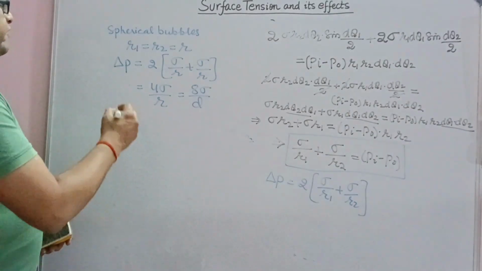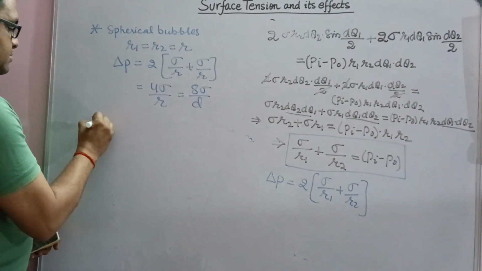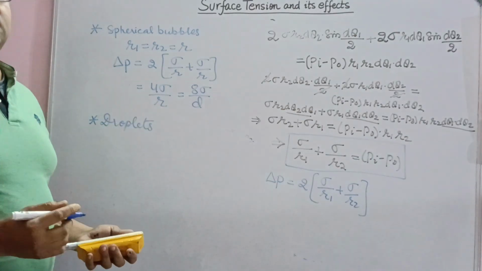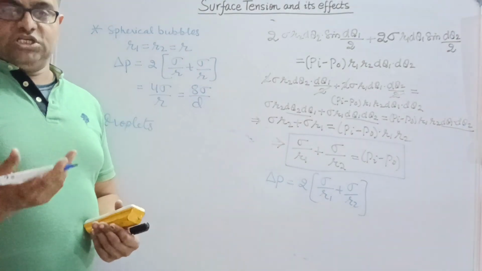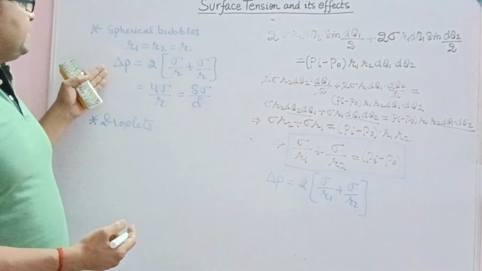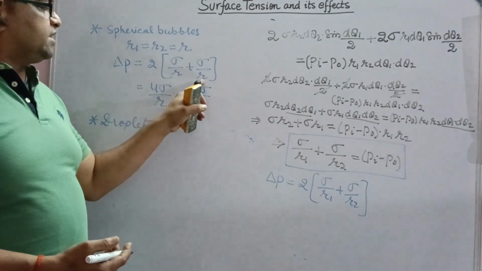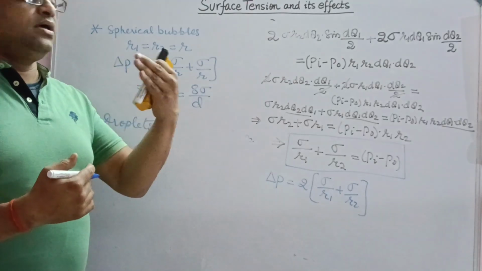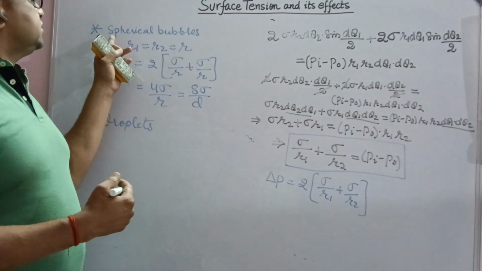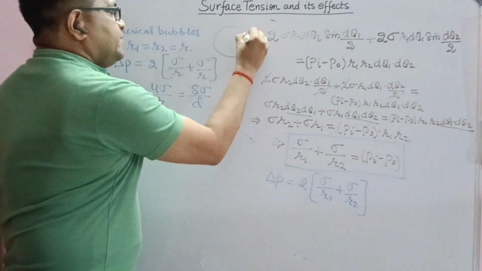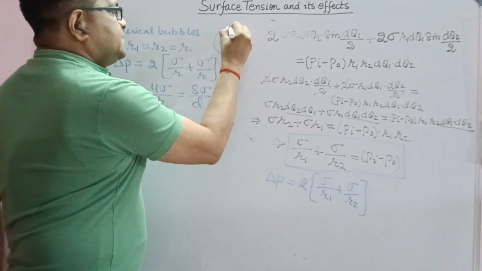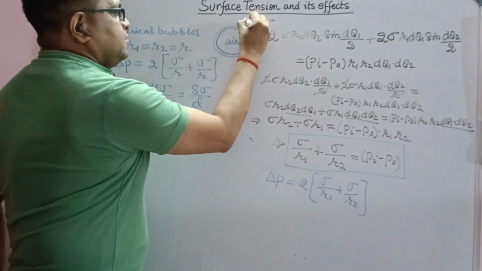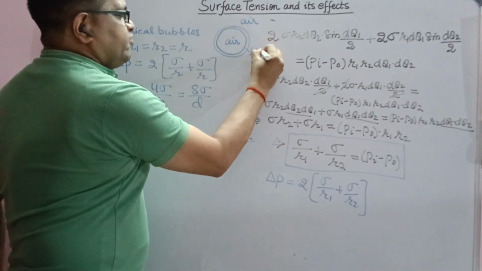If we take the case of a liquid droplet, for droplets again we have R1 equal to R2 equal to R. In the case of bubbles, we have two interfaces, since we have air both inside and outside, and this is the liquid for which we have got the bubble.